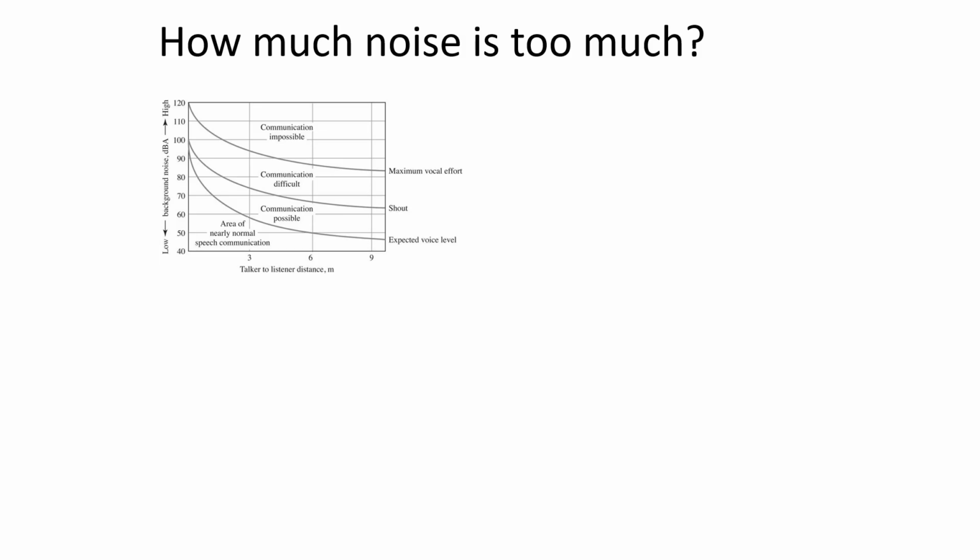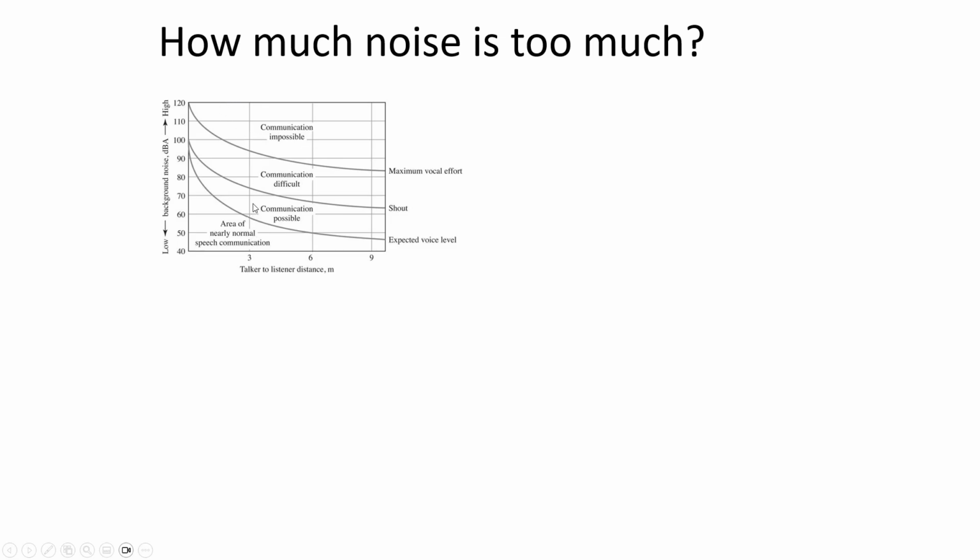There are a lot of different figures that assess the effect of noise, and this figure focuses mainly on the difficulty of communication, where you've got a certain amount of background noise on the vertical axis, and how close you are to another person, and whether communication is possible. So in this range above the top curve, communication is impossible.